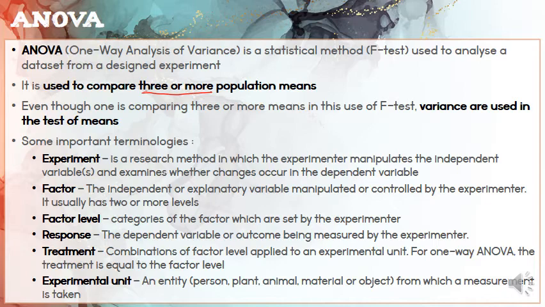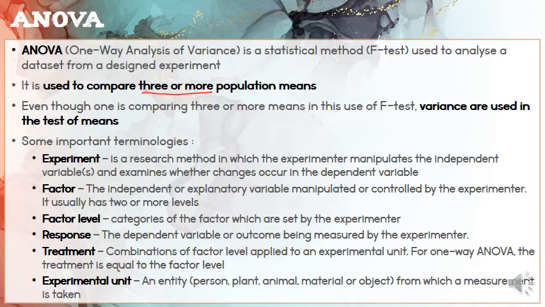So usually a factor has two or more levels. Factor levels are categories of the factor which are set by the experimenter. Response is the dependent variable or outcome being measured by the experimenter.